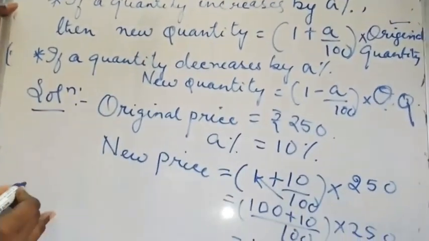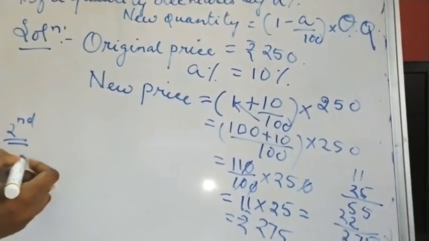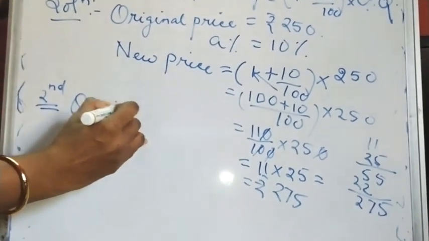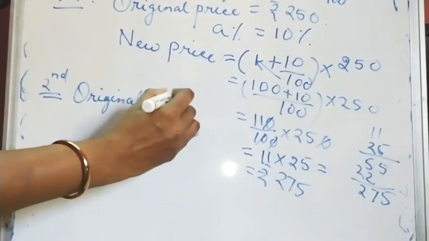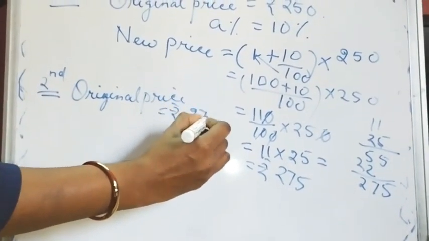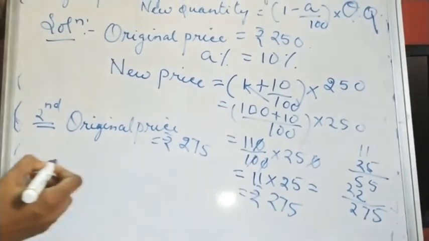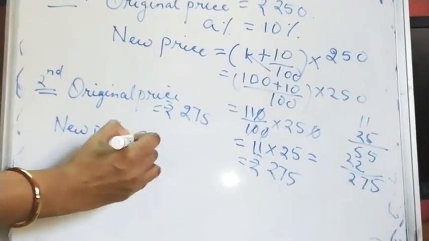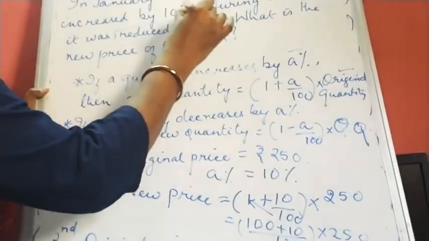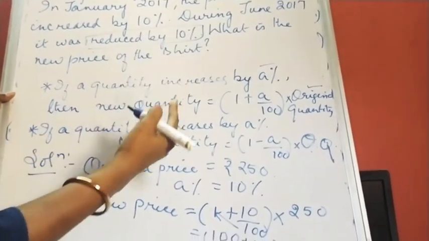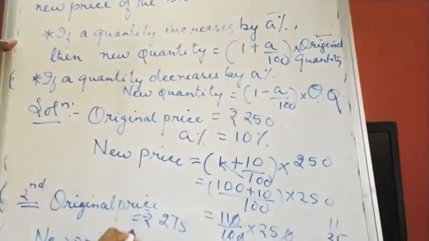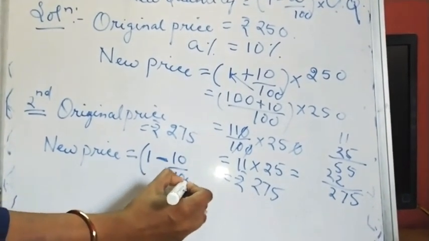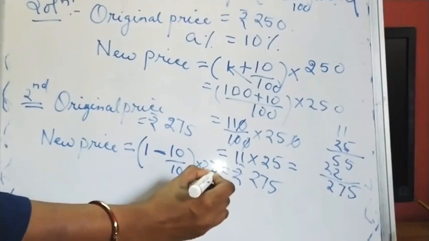In the second part of the question, the original price would be rupees 275, and the new price is equal to, because we are having a reduction by 10%, meaning decreases by 10%, 1 minus 10 by 100 into 275.